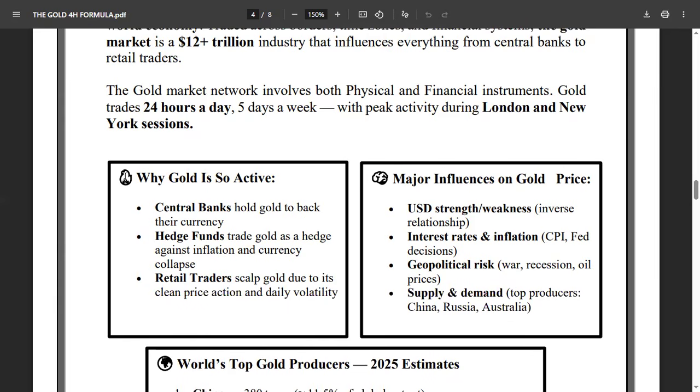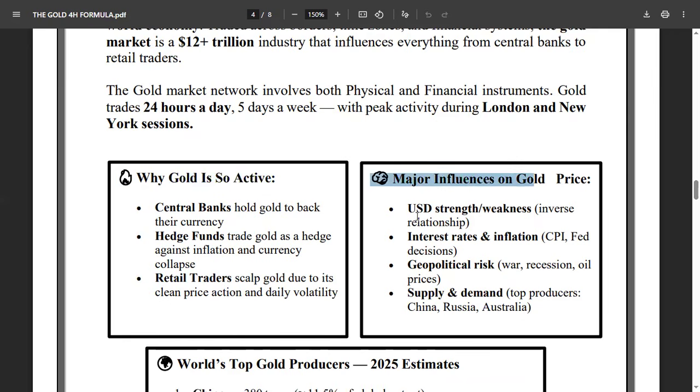Now, we talked about why gold is so active: central banks hold gold to back up their currency, and the hedge funds and us retail traders keep this gold so active and powerful all the way.